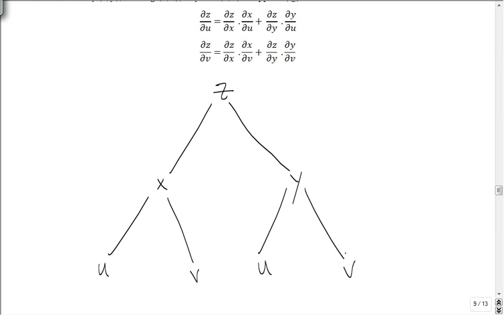So you have partials all the way. So this is partial z, partial x, partial z, partial y, partial x, partial u, partial x, partial v, partial y, partial u, partial y, partial v.